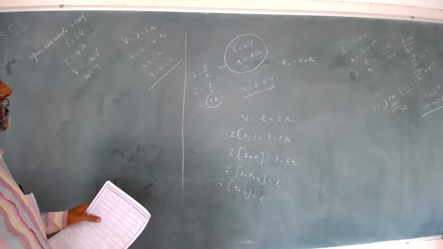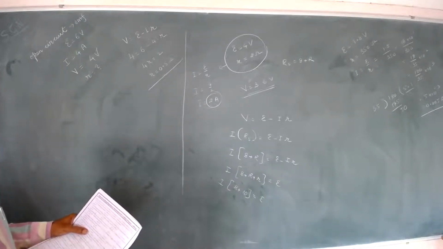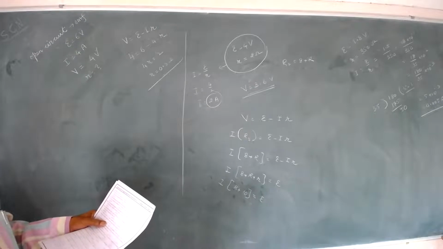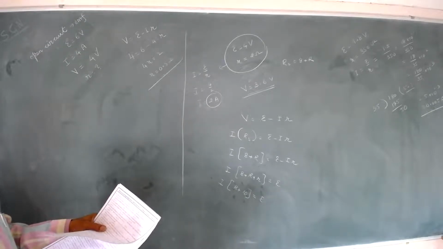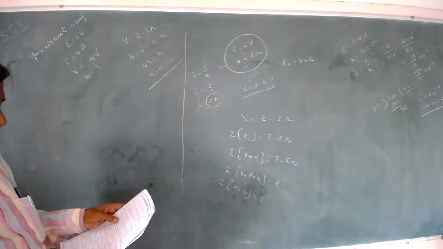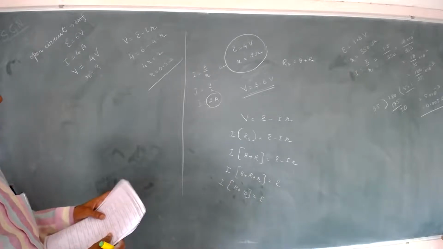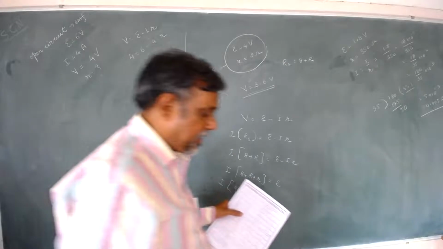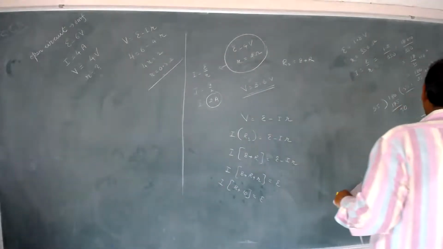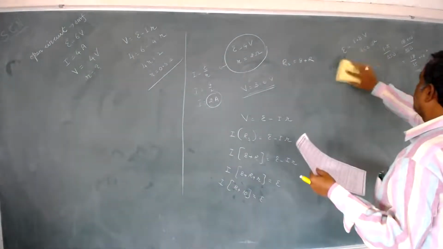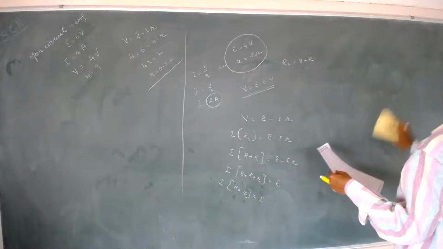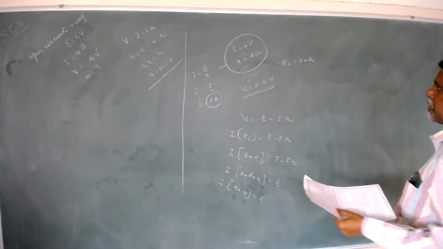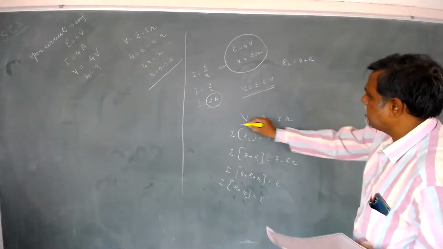Pardon? V value is given. Wait. The V value is given now. That I did not see. I was thinking that this V value is not given, right? So V value is given here.